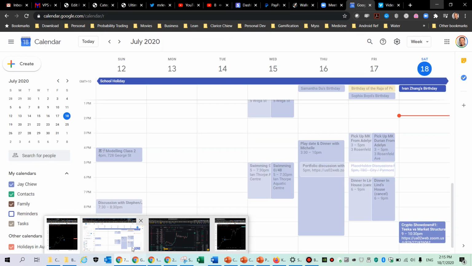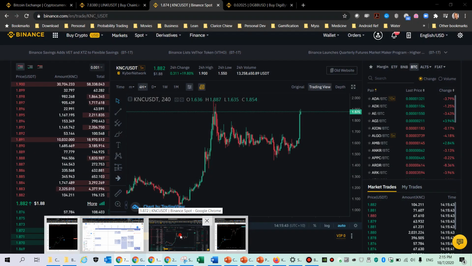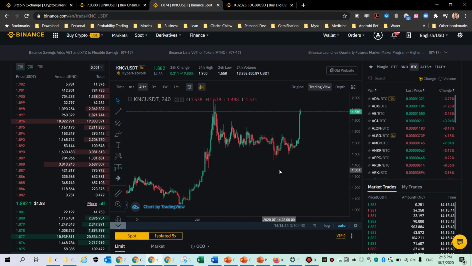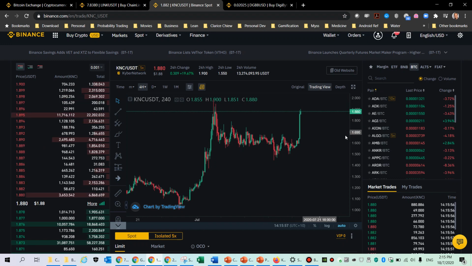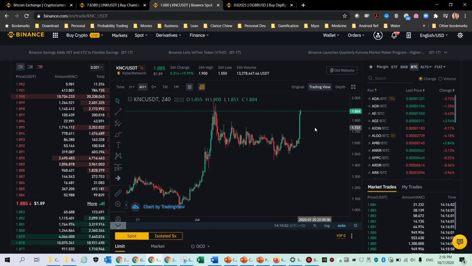Okay, where's my KNC? So KNC should come back down. If KNC doesn't come back down, I'll be surprised, but it should. In this case, it might not come back down to 1.7, might just come back down to 1.73 around there. And that's fine. I'll still enter around there.